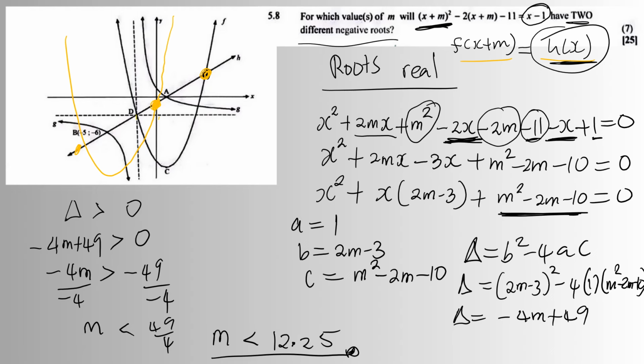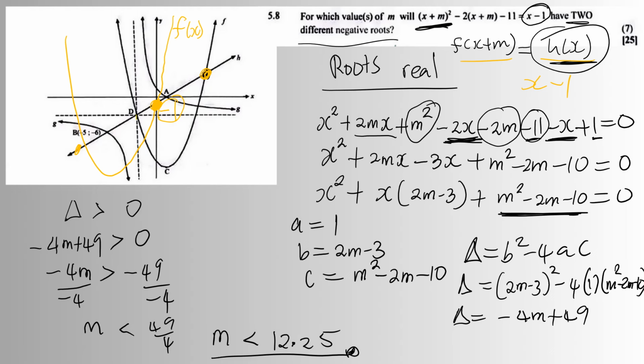We know that because the graph is x minus 1, the y-intercept of h is negative 1, right? So I'm going to equate my equation of f of x to negative 1, so that I can solve for that x. Then I can say it must be above that, so that it goes to the negative, so that our roots are two negatives. So that was the trickiness of this question, really.